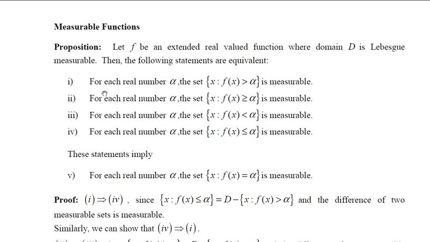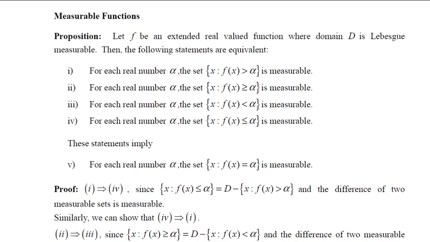Now let's move on to 2 implies 3. The set of all x where f of x is greater than or equal to alpha is nothing but the complement of the set where f of x is less than alpha.